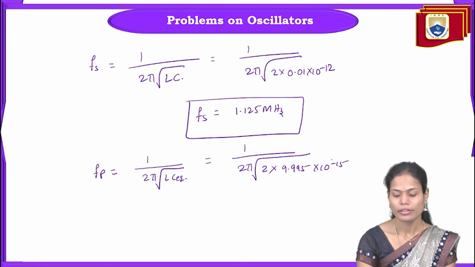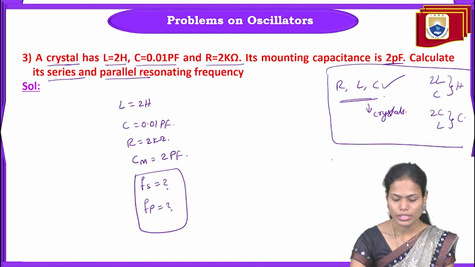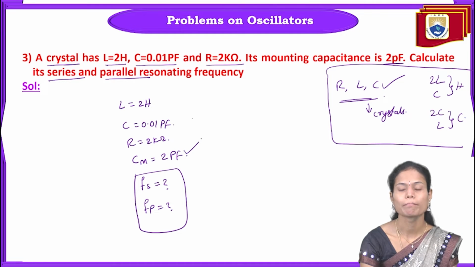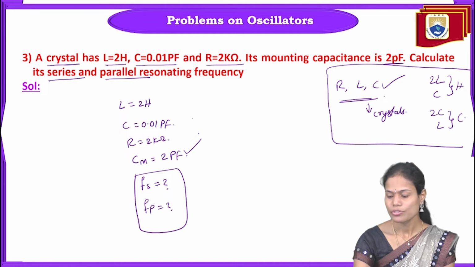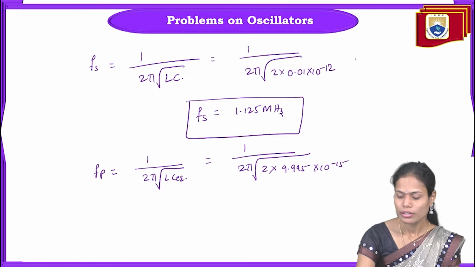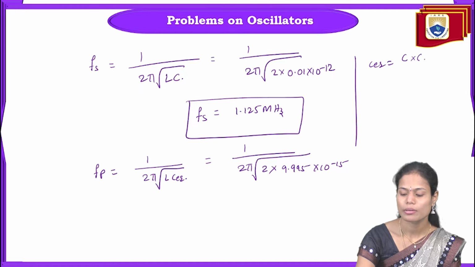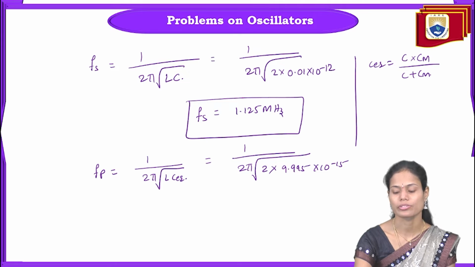This equivalent capacitance we take from the capacitance as well as the mounting capacitance: C into Cm divided by the sum of the 2 capacitances.